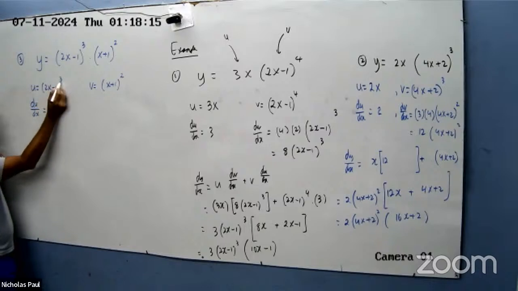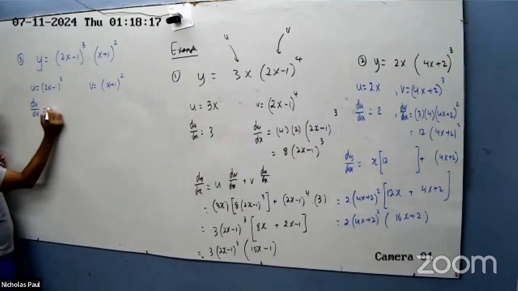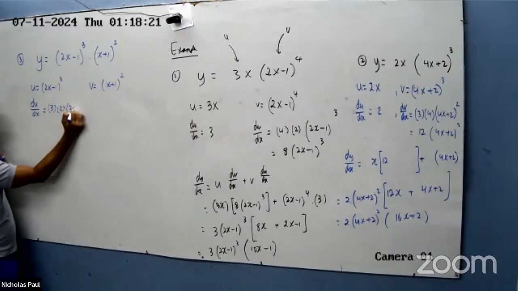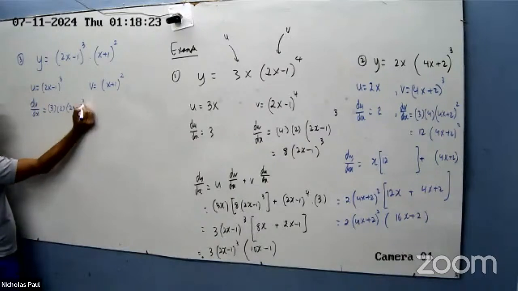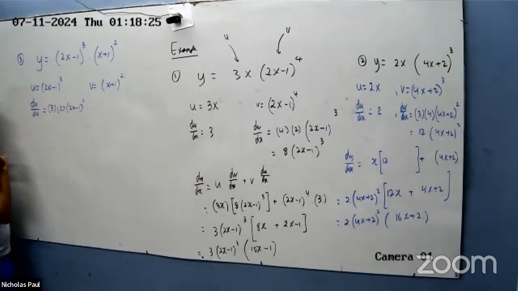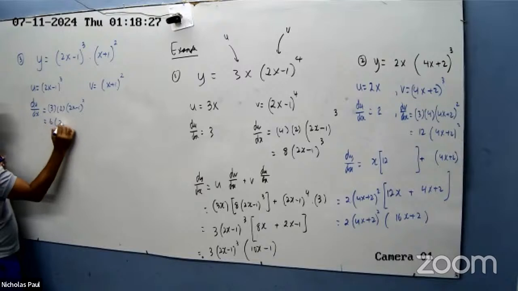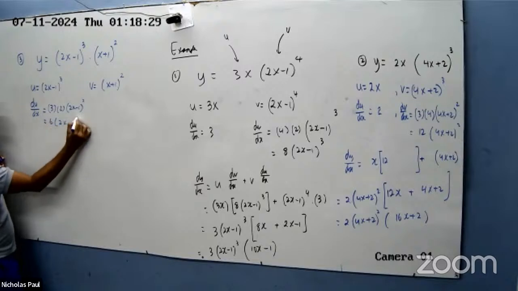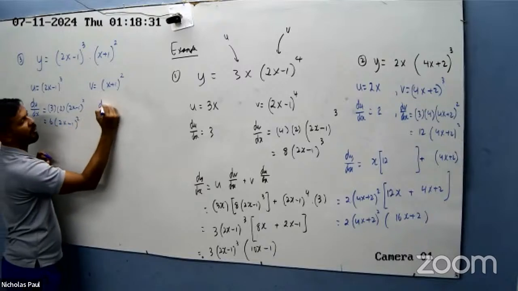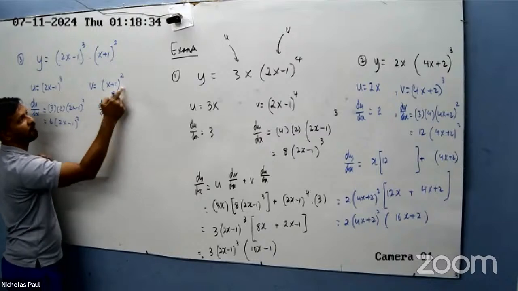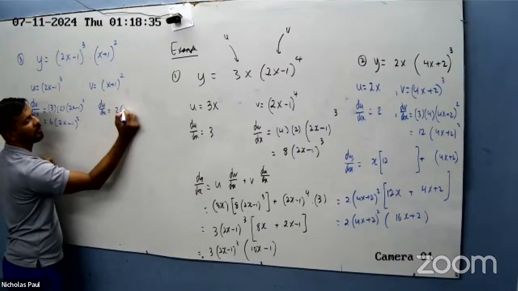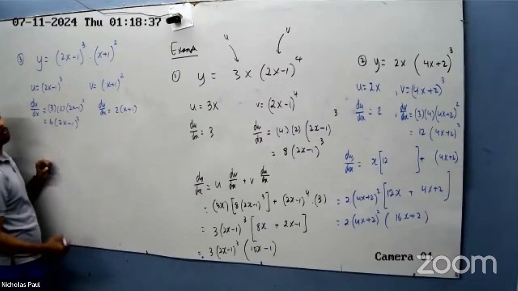What's the first step? You bring that power in front, then the 2 from 2x, and then the power minus one. So that'll be 6 by 2x minus 1 squared. What about here? 2 minus 1 is 1.